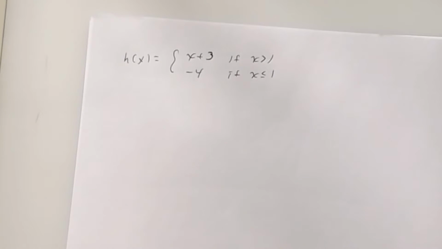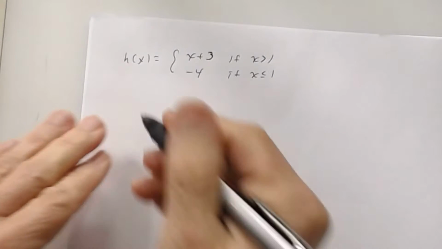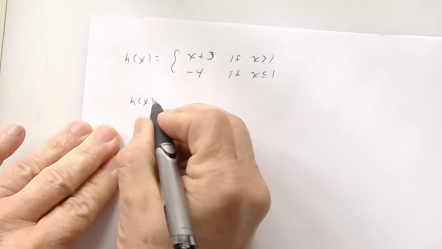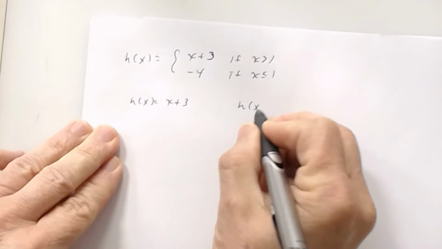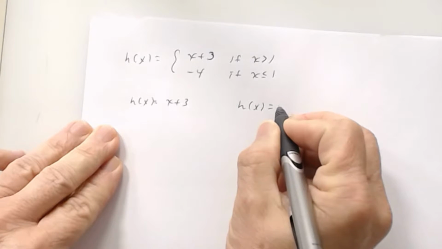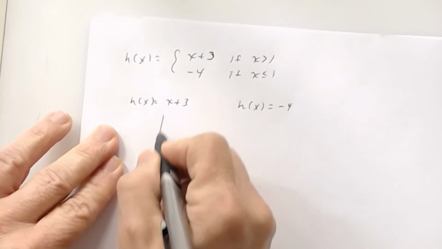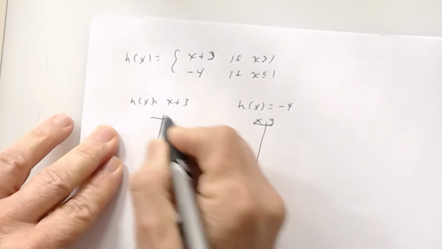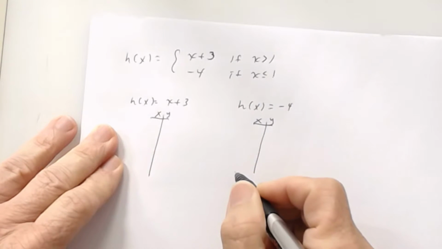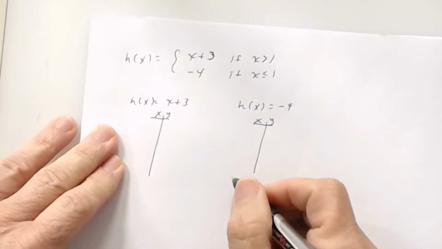And the work you're going to show me is you're going to list both functions. h of x equals x plus 3. h of x equals what? Negative 4. Then your t-table. What x value do I need to use for both? 1.